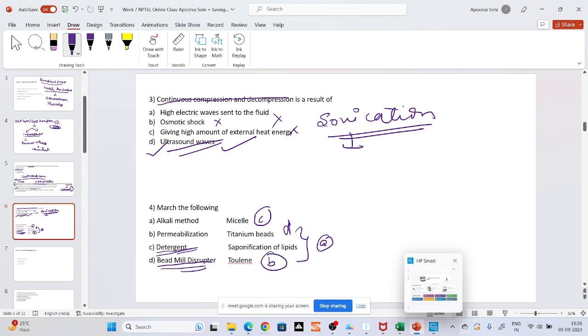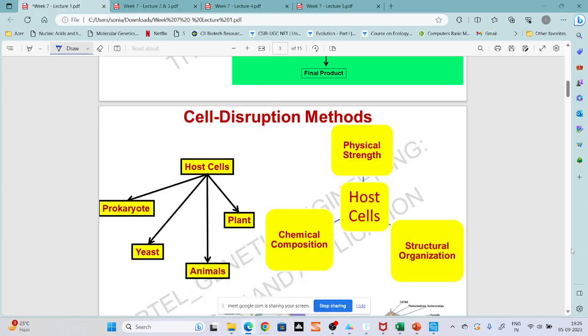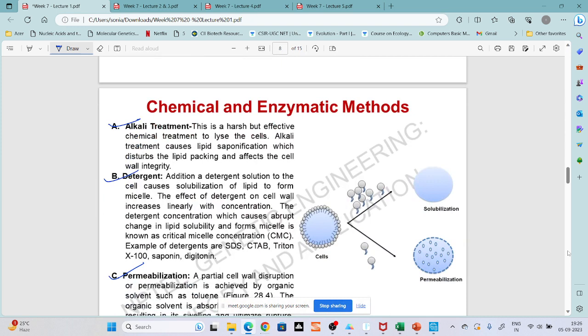We'll just quickly see this. This is lecture number 1. Alkali treatment causes lipid saponification, which disrupts the lipid packaging and affects the cell wall integrity. So basically, when you are giving alkali, the cell wall integrity is compromised because it causes the saponification of lipids.